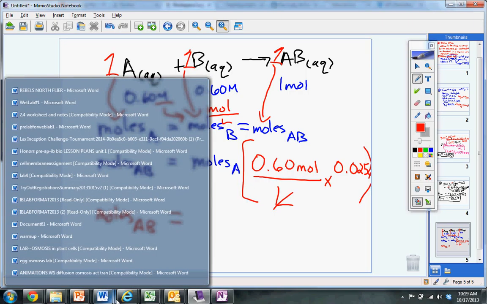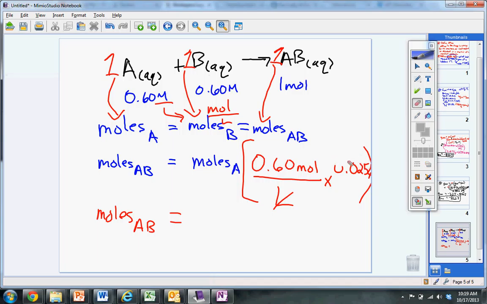Let me erase that and make that a little bit clearer. 0.025 liters. Remember, this is from question 3. If I use B, would it change at all? No, it wouldn't change at all.